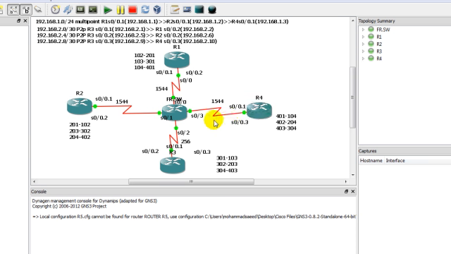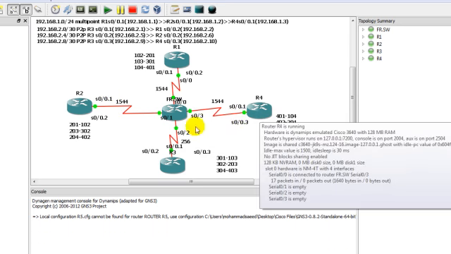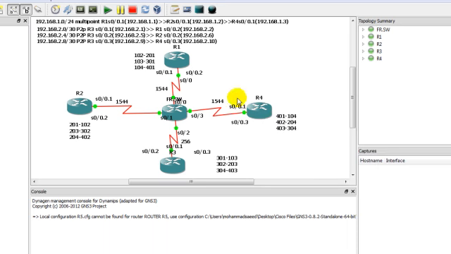As you see here also, I have the bandwidth of 1545 kilobit per second for routers 1, 2, and 4, the same bandwidth, 1.5 megabit actually, and I have just 256 kilobit per second for router 3.